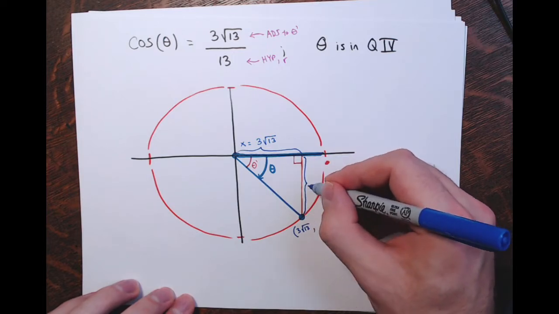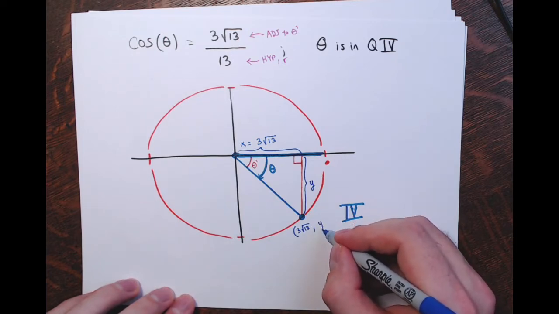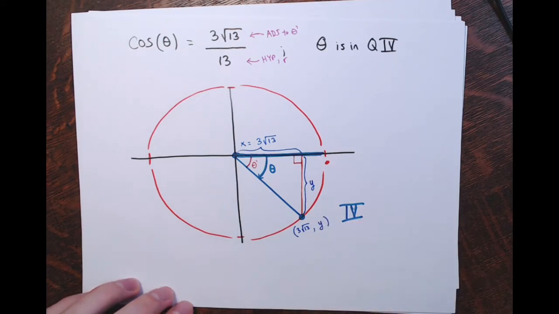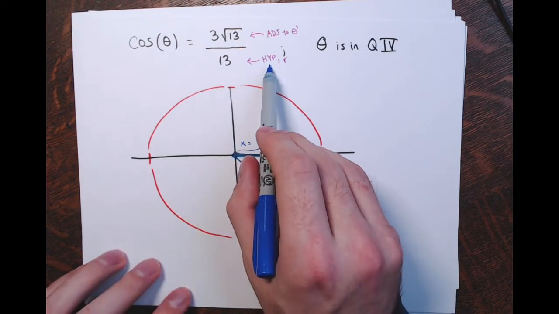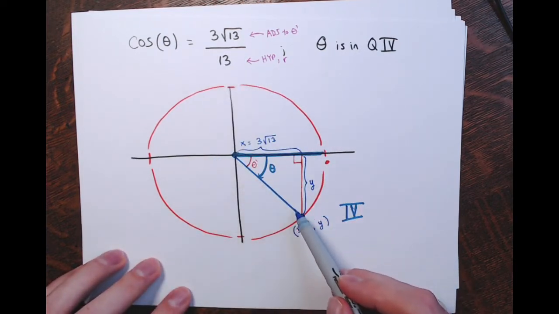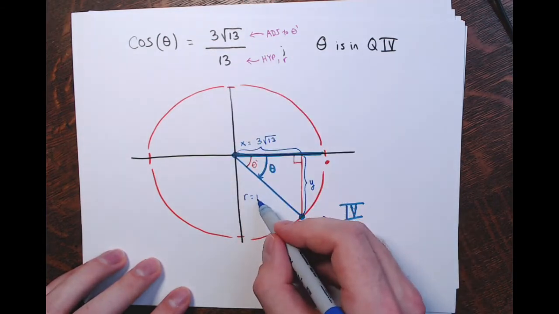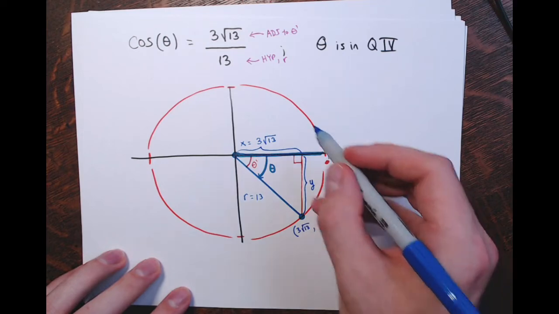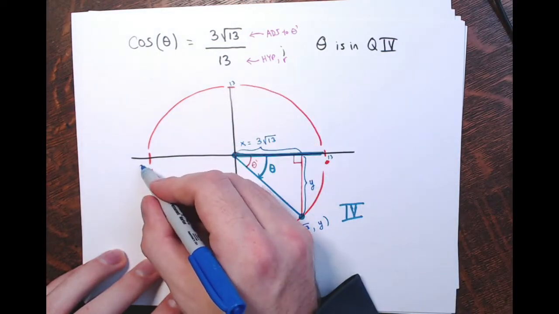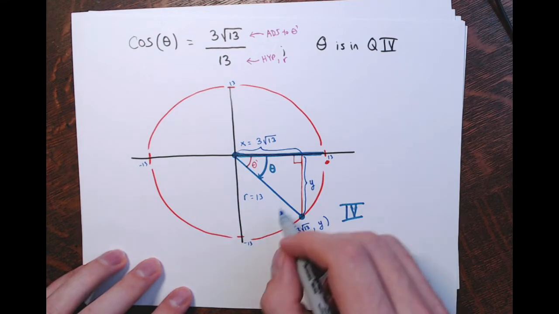And since it's vertical, I'll call it y. So the y-coordinate I don't know. And the hypotenuse, opposite the 90-degree angle here, that's the radius r, which is 13. So this circle I drew has a radius of 13.